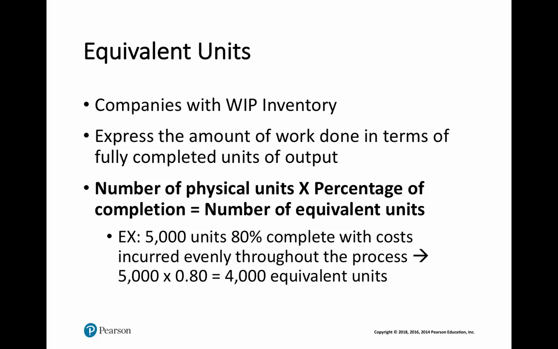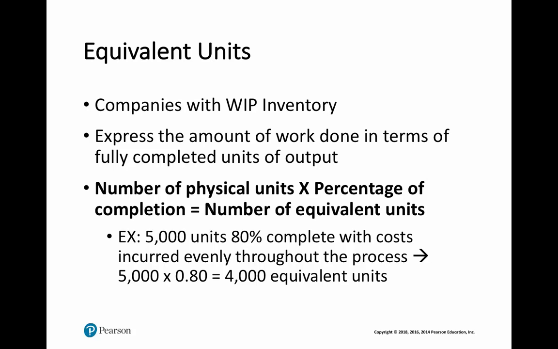Because we have batches running through stage one of our manufacturing, and it's just making its way through. So that's why we use this percentage of completion. It's the percentage of all of the 5,000 units, where are they completed? So we have 5,000 units, 80% complete. So that's the equivalent of saying we have 4,000 complete units, 5,000 times 80%.